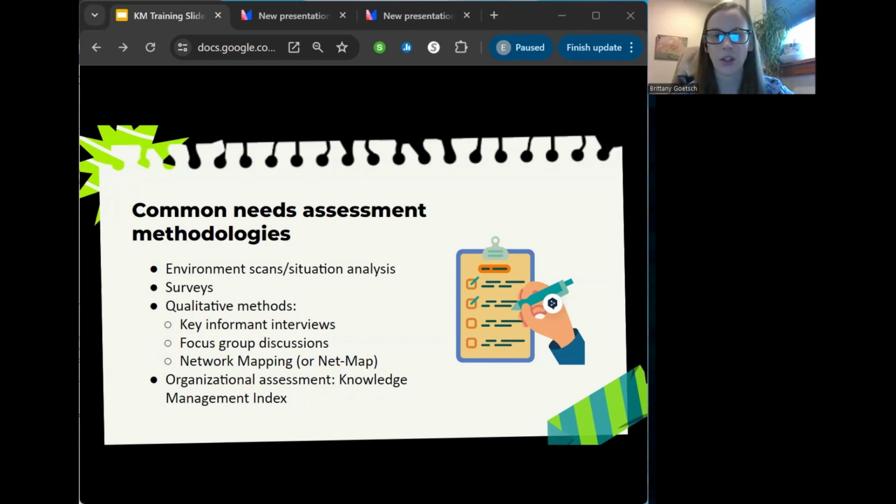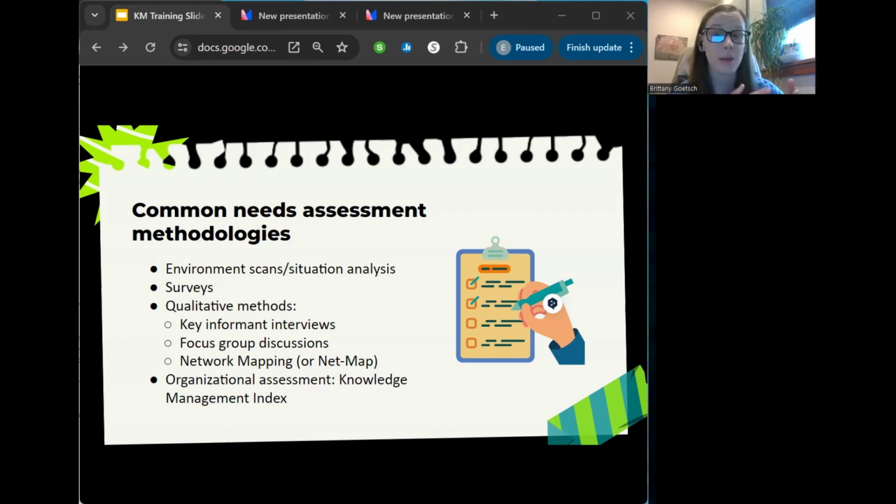So there's certain levels of data or information that you're going to get from qualitative methods that you're not going to get from a survey. However, surveys are more accessible oftentimes to audiences that may not be able to participate in a qualitative method, for instance, like a busy mom who you're trying to understand what her information needs are, may not have time to sit for a focus group discussion, but she may have time to fill out a survey.